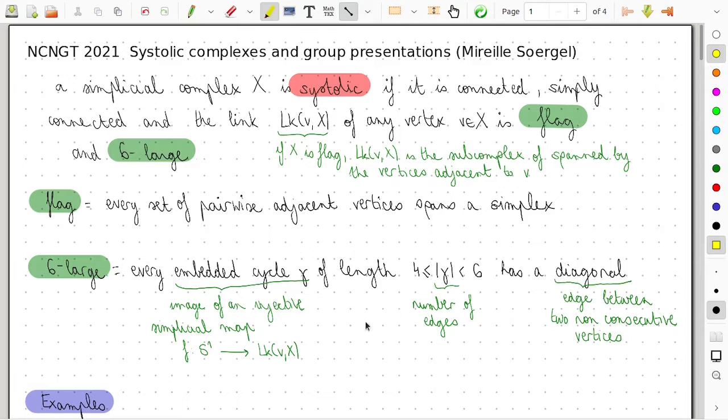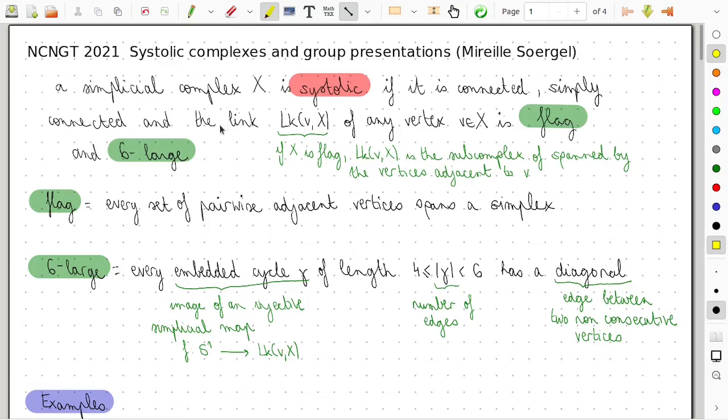The examples I will be considering of simplicial complexes X will always be flag complexes. That means that X will be uniquely determined by its underlying graph.